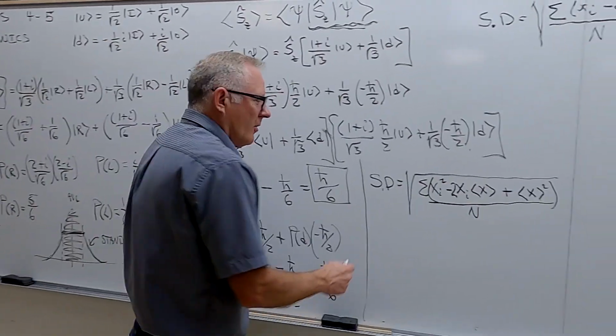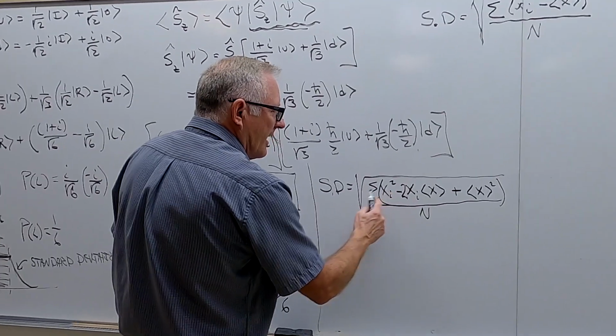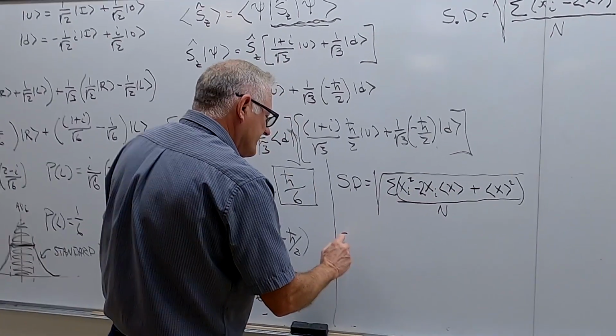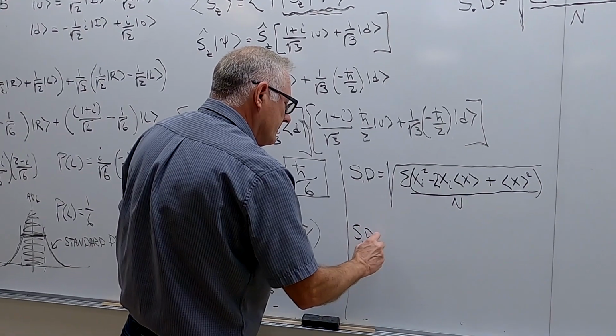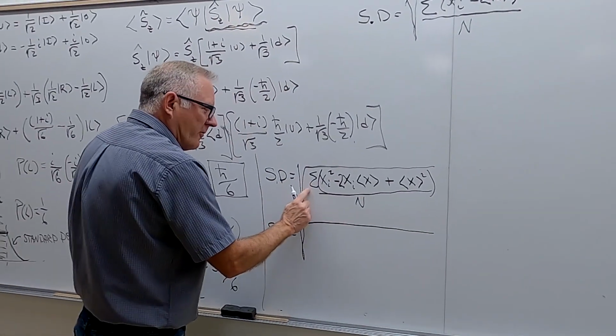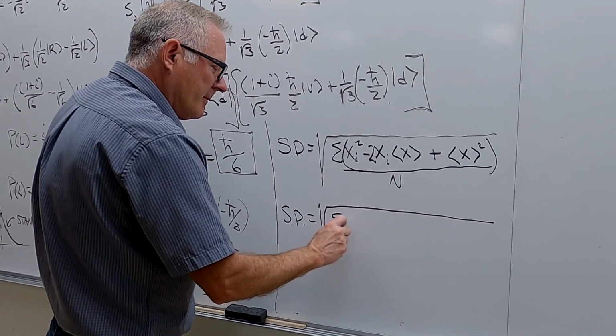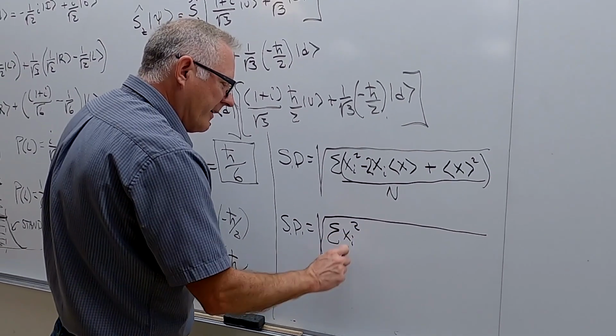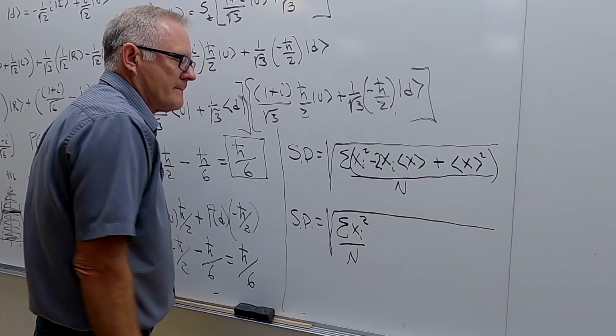Okay, and so what I'm going to do is put the sum with each term. So this standard deviation is the square root. The first term is the sum of x sub i squared over n.